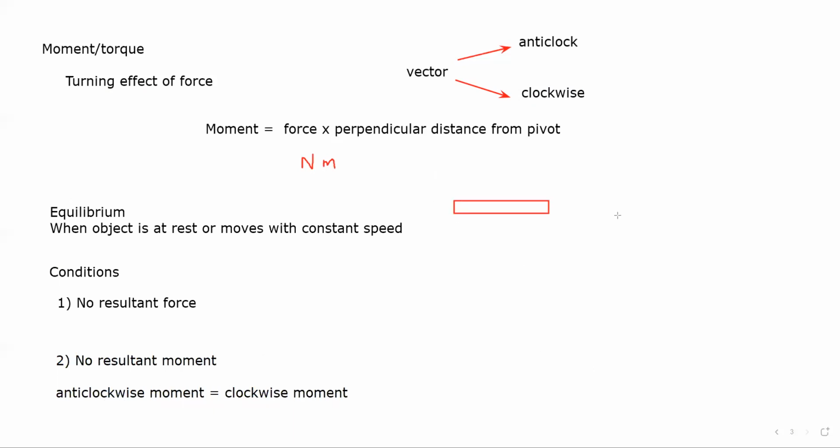For example, this is a beam and a pivot or a fulcrum is placed at the center. So the weight of the beam, if it's a uniform beam, is acting at the center. But this weight will not cause any moment. Why will this weight not cause any moment?